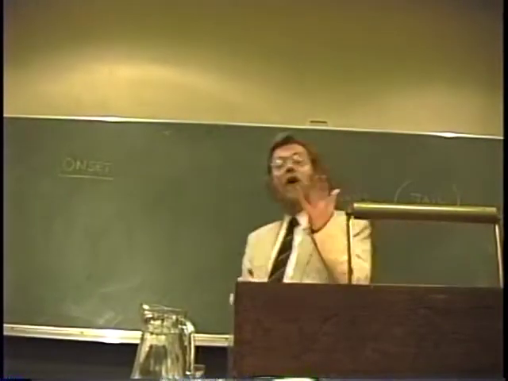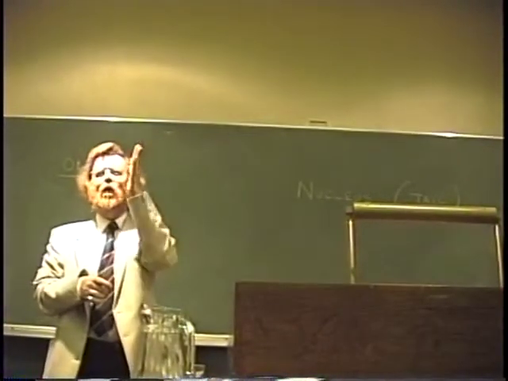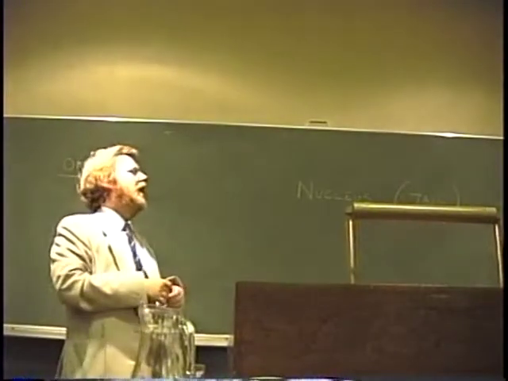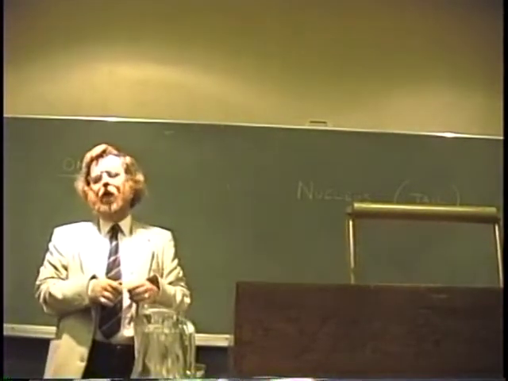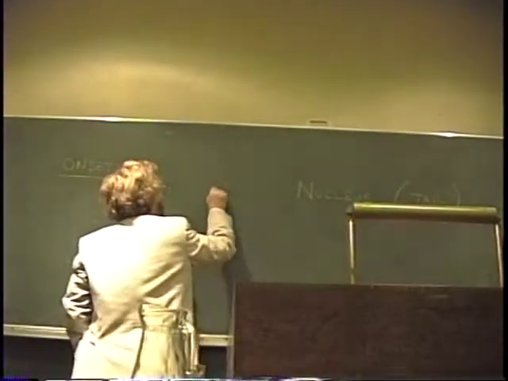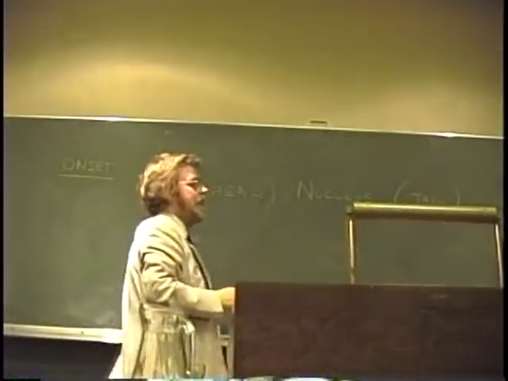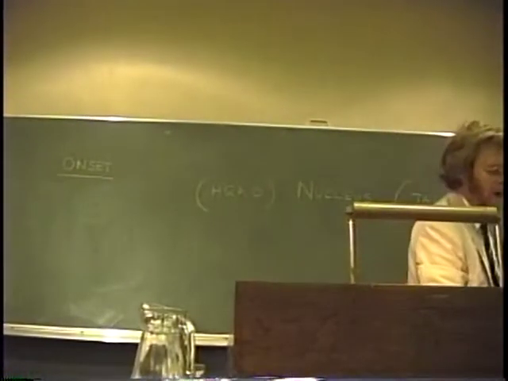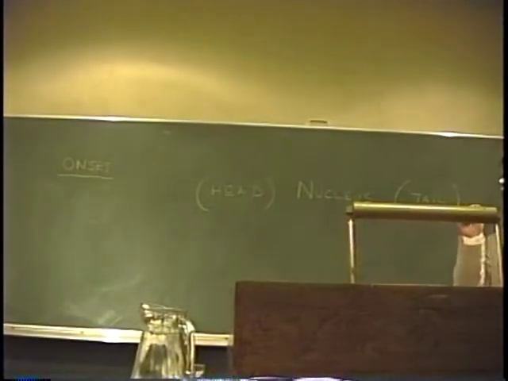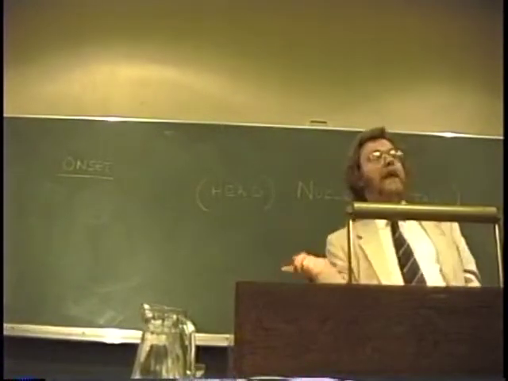The bit from the onset up until the nucleus, but not including the nucleus, so finishing at the syllable before the nucleus, is another component of the word group called the head. You don't have to have a head, it's not obligatory, so we'll put it in brackets. You may find that there are syllables in front of the nucleus, but none of them are accented. All of the syllables in front of the nucleus may be stressed or unstressed, but they're not accented.